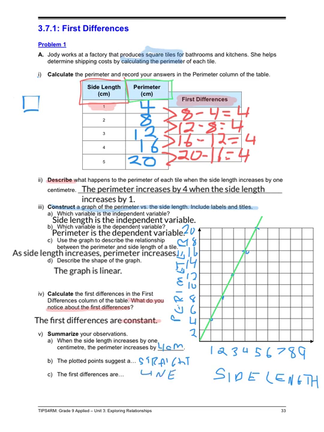And our first differences are constant. Alright, so I would suggest pausing the video and making sure that everything for problem 1 is completed before moving on to problem number 2.